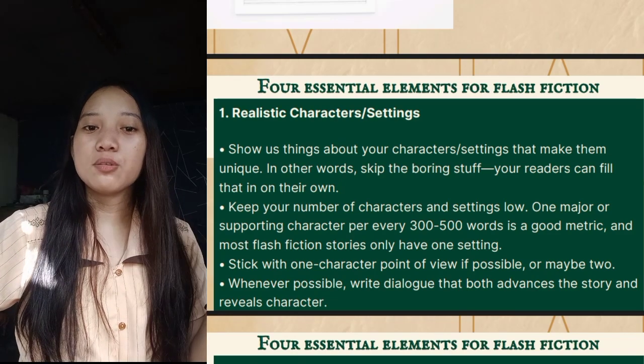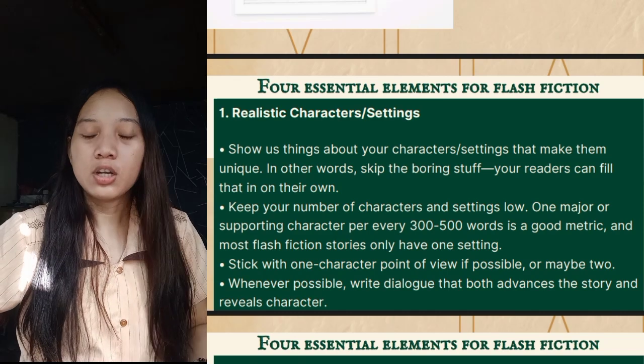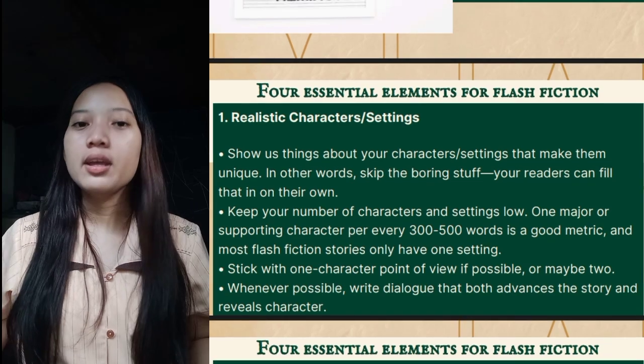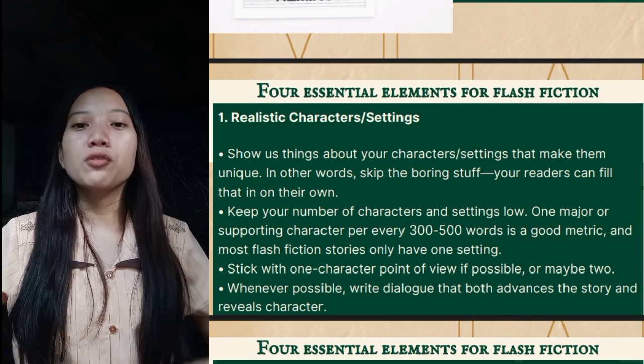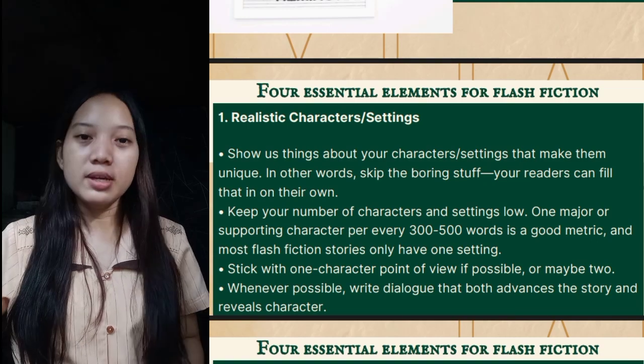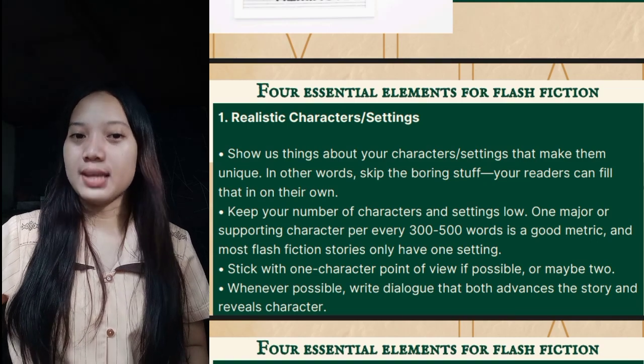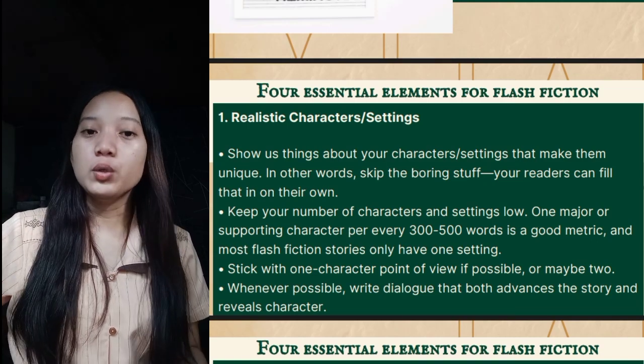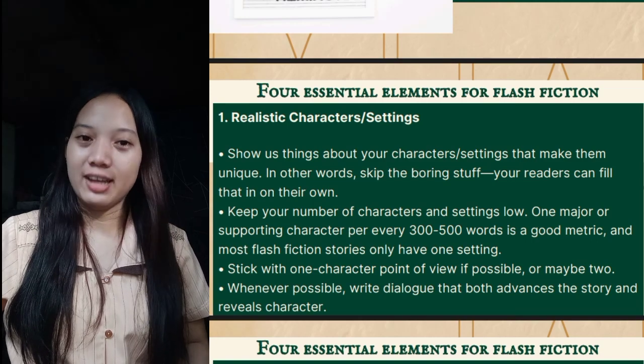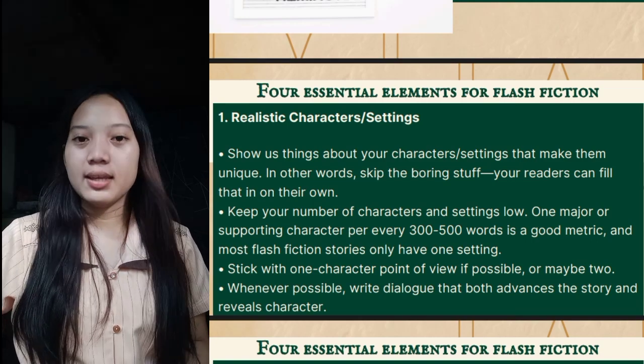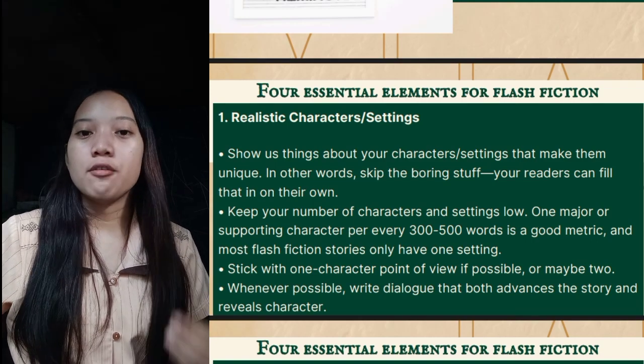That gives us more insight with fewer words. And keep it simple. Don't overwhelm the readers with too many characters or settings. One or two major characters are enough, and sticking to one setting can help the story focus.